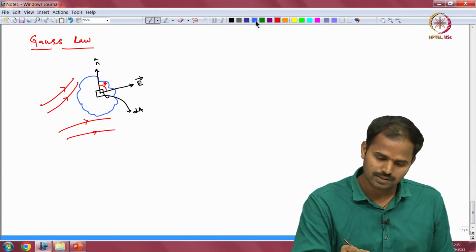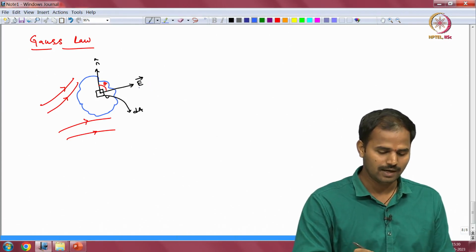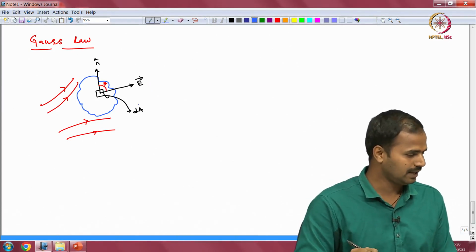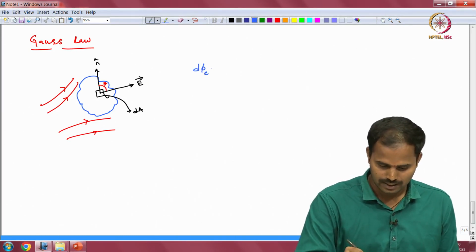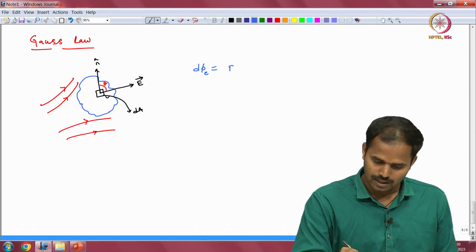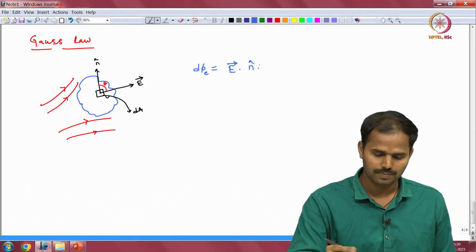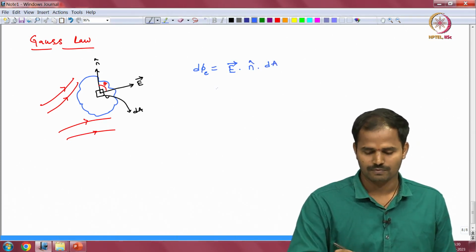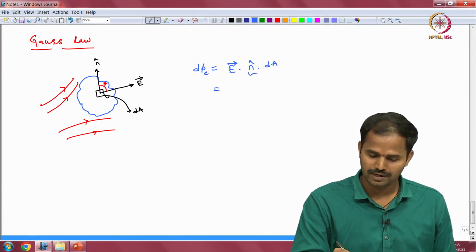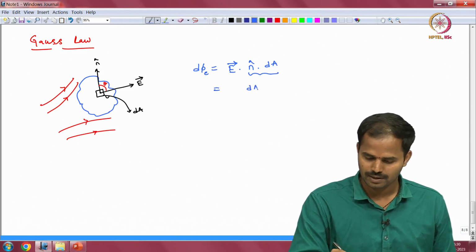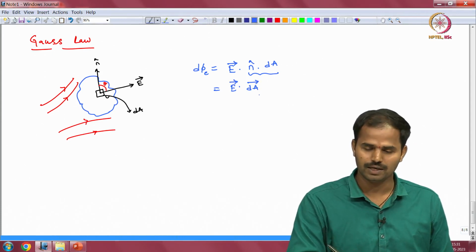Okay. So, Gauss law gives the relation between electric fields and electric flux lines, and the change in flux is nothing but E dot n cap into dA, with respect to the area and electric field. Okay. Generally n cap and dA are represented by dA bar as a vector, and E is also a vector, the electric field: E dot dA.